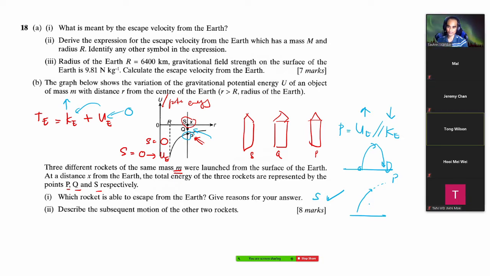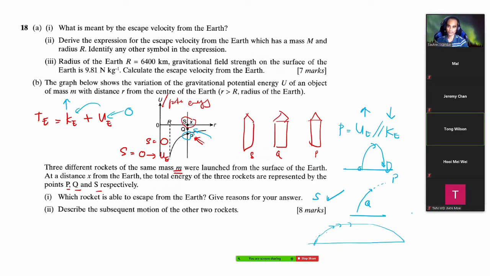So this is how you know that P will drop back onto Earth: it doesn't have the required energy to escape. Of course, it will fall down. But Q, either by momentum it can go up, or the radius of its trajectory is bigger than P. But it doesn't escape from the gravitational field, maybe momentarily or initially.